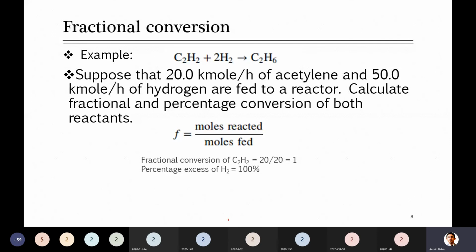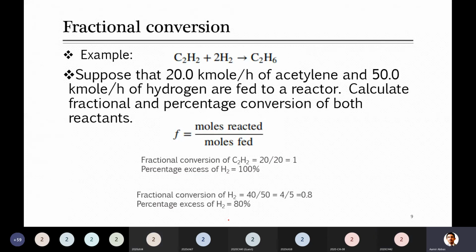Now just do the calculation for hydrogen, please. 80%, 0.8. 0.8 is not a percent, 0.8 is a fraction, 80% is the fractional conversion.